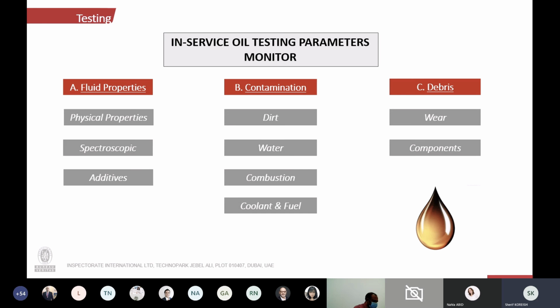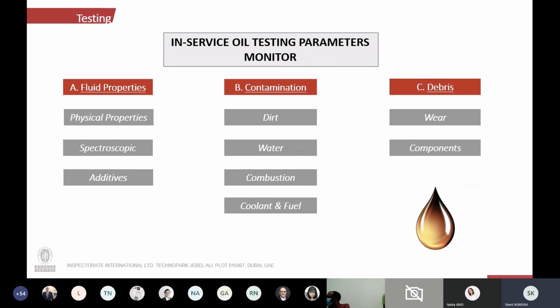The fluid properties, and these involve the physical properties of the fluid. The most important will be the viscosity. And then there are other things like flash point, pour point if necessary, water content, acid number, and so on. Then spectroscopic properties like FTIR, and then additives.